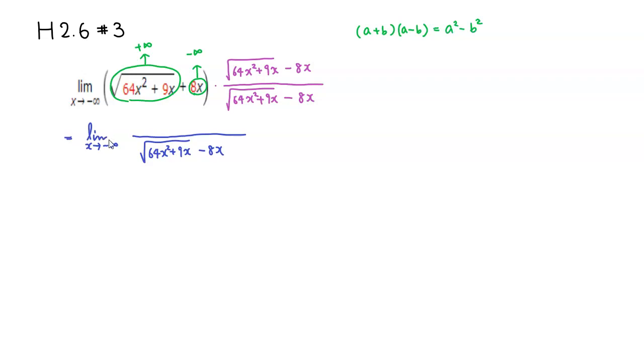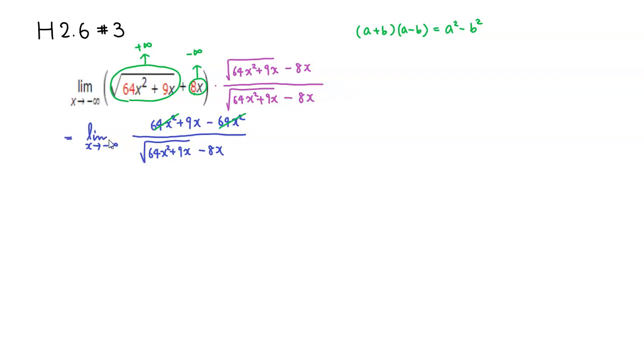So a in this case is the square root; when you square that you get 64x squared plus 9x, minus b squared, which is 8x squared, so 64x squared. We can cancel the 64x squared and the 64x squared, and we have that.